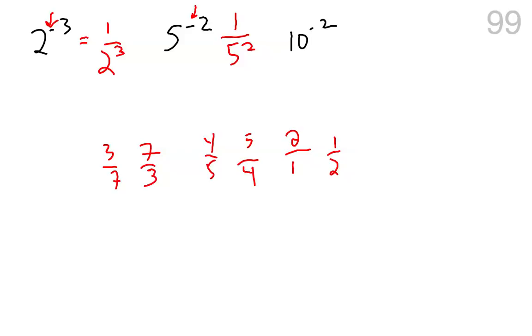It doesn't mean a negative in the answer, it means reciprocal. 10 to the negative 2 is? 1 over 10 to the 2. What if I said 7 to the negative 3? 1 over 7 to the 3. Now, if you want to figure out what it equals, 2 to the third is 8. So that's 1 over 8. What's 5 squared? 25.